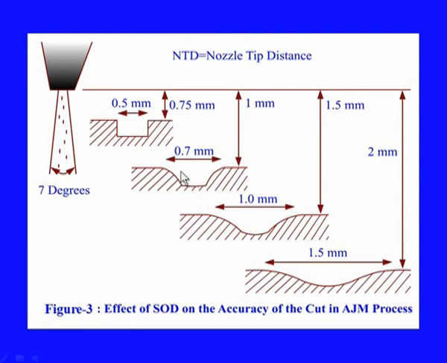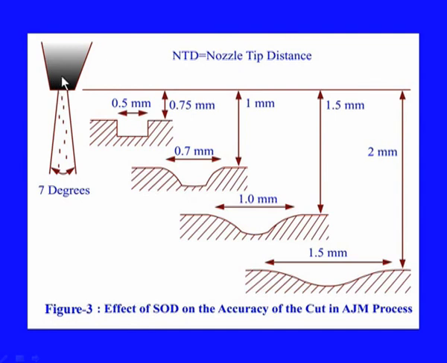Another important point is that the inaccuracy due to this divergence will increase. So taper formation takes place, which can be minimized by keeping the nozzle to work surface distance at a particular optimal distance. Therefore, this is an important design parameter according to different work material and different operation required, that is cutting or cleaning, etc.